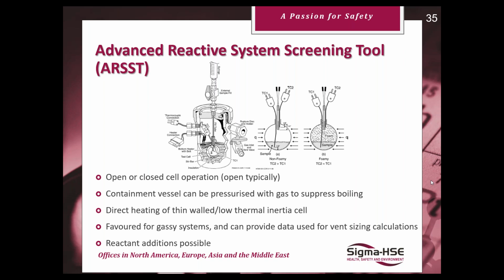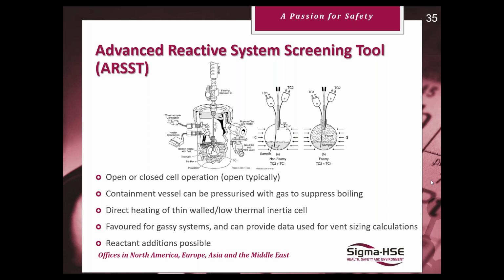Having that very low weight glass vessel, we can load in much more mass of our sample material, and the phi-factor equation is skewed much more towards the mass and the heat capacity of the sample rather than the container it's within. That's only relevant when we're testing in the open cell function, and that is the preferred mode for the ARSST, especially for gassy systems.